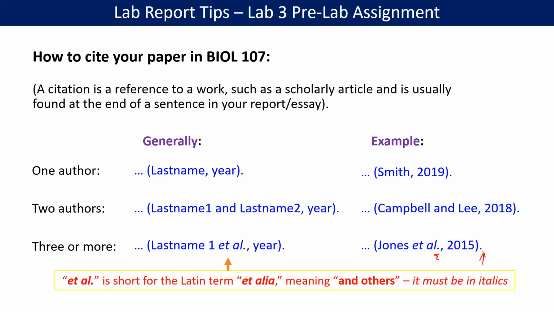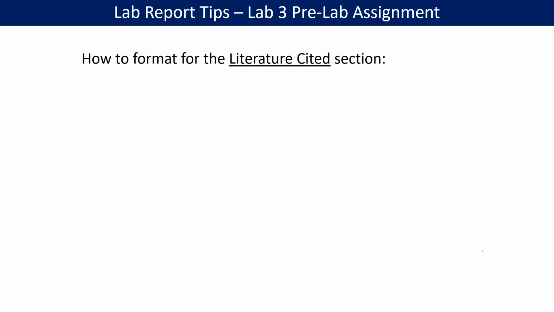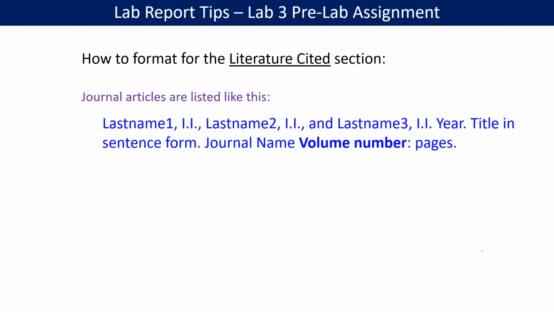And then the last part of referencing is giving me the full bibliographical information in a reference list. We call this reference list a literature cited or a works cited section, meaning this is the information on the works, the journal articles or whatnot, that I have cited. Journal articles look like this.